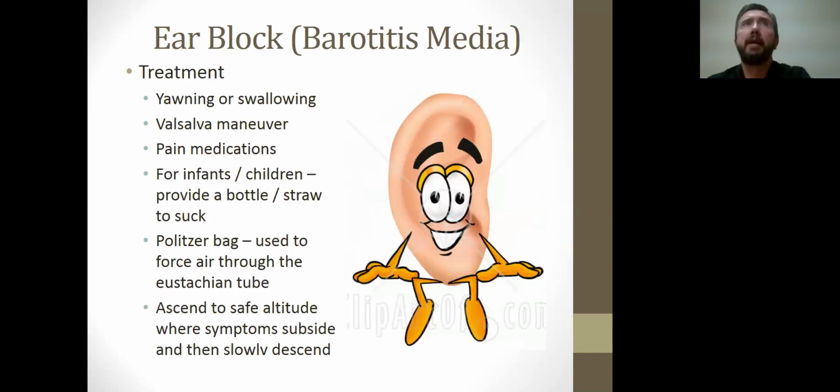So for treatment, yawning or swallowing, again that Valsalva maneuver, pain medications for the patient, and for infants and children, bearing down, blowing through a straw. The best treatment, though, is to ascend to a safe altitude where symptoms subside and then slowly descend as appropriate.